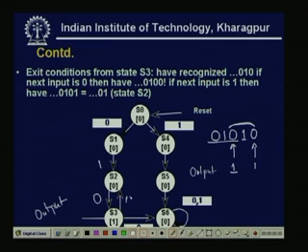If it is a 1, then it returns to the S2 state, because this is the 0 1 state. So, 0 1 0 will be looping again, because here it can be 0 1 0 again 1 0. So, it will be S2 and S3. This is the situation.